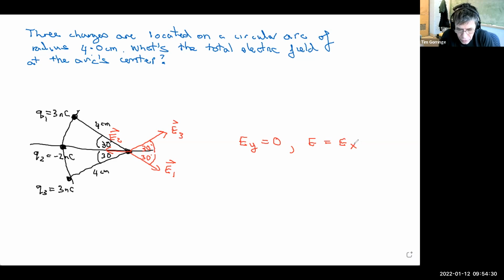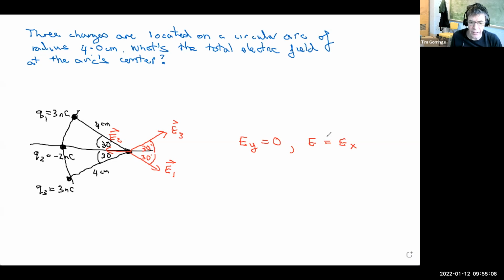Ex refers to the x component of the resulting electric field, and because Ey is 0, that is going to be the magnitude of the resulting electric field. So our calculation will really just amount to adding up the x components of the 3 individual electric fields to get the total x component of the resulting electric field, which is the magnitude of the electric field. So that's the calculation I'm going to do.